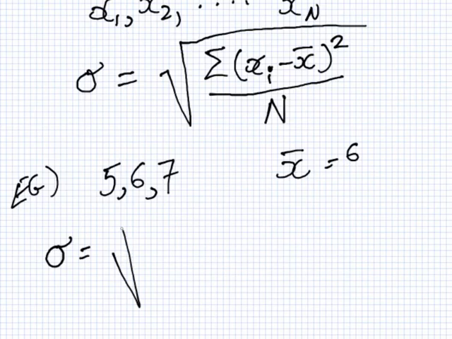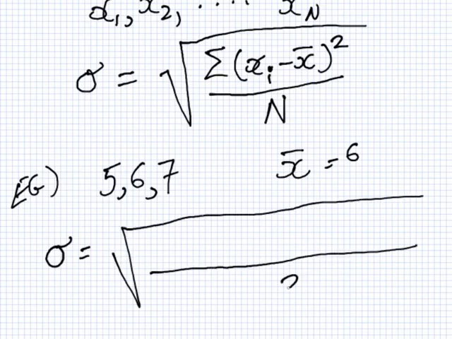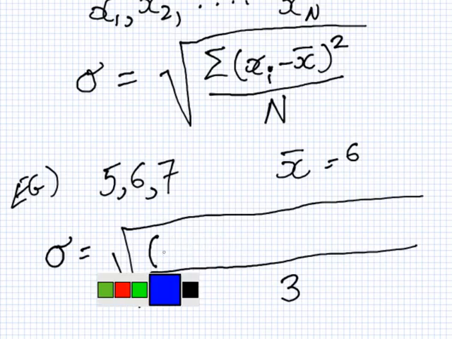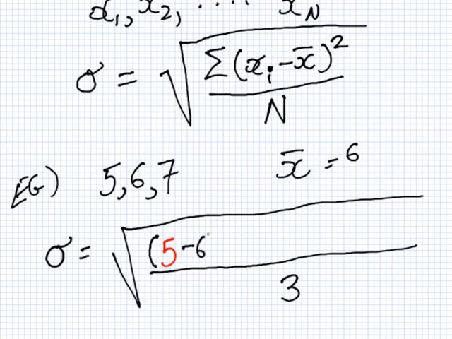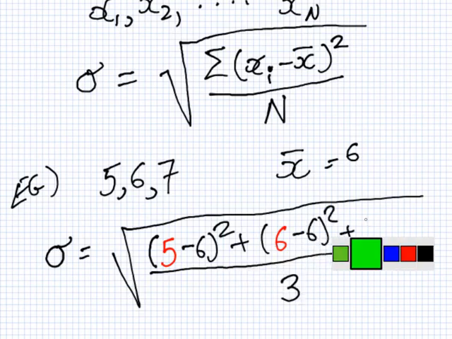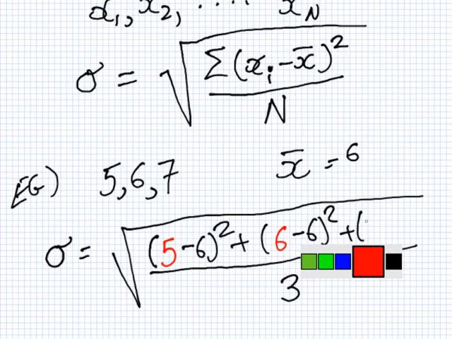So it's the square root, and we have 3 numbers, and it will be 5 minus 6 squared. Actually, I'll color code it. Are my colors showing up? Let's see. I've got colors. 5 minus 6 squared plus 6 minus 6 squared plus 7 minus 6 squared.